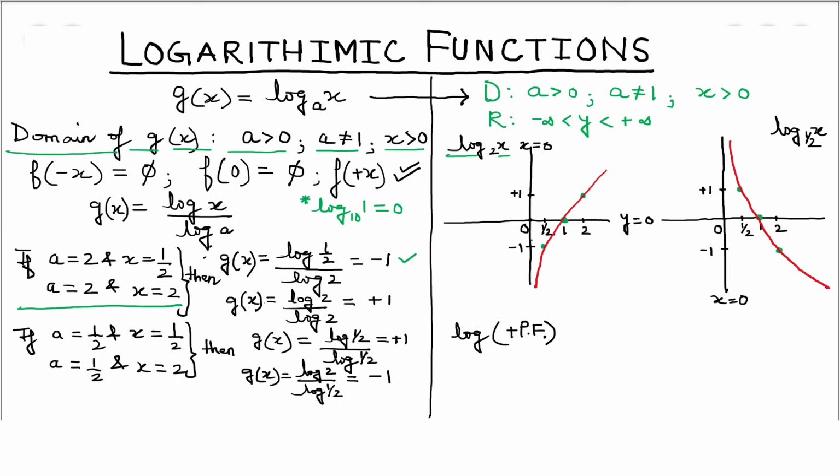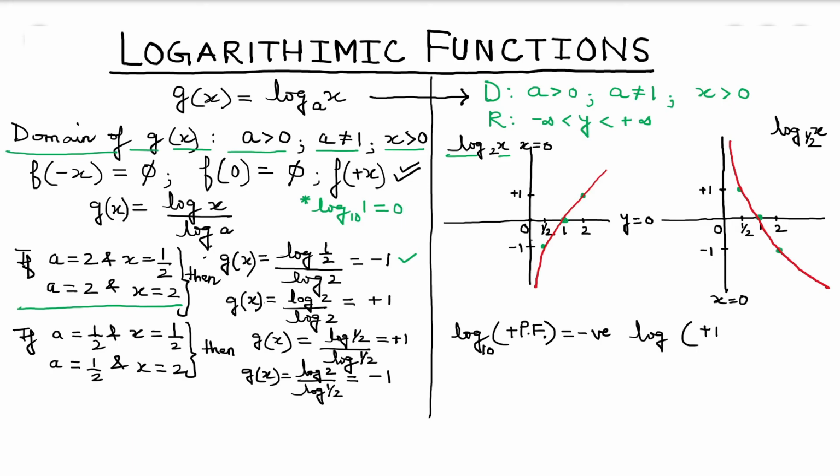Okay, so when we are taking the log of a positive proper fraction to the base 10, in that case the answer is negative. When we are taking the log of a positive improper fraction, for example a value which is greater than 1, to the base 10, the answer is positive. And when you take the log of 1 it is 0.